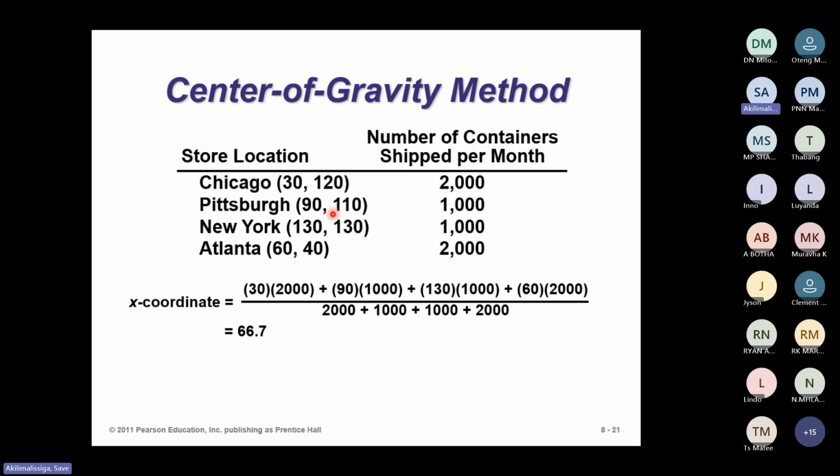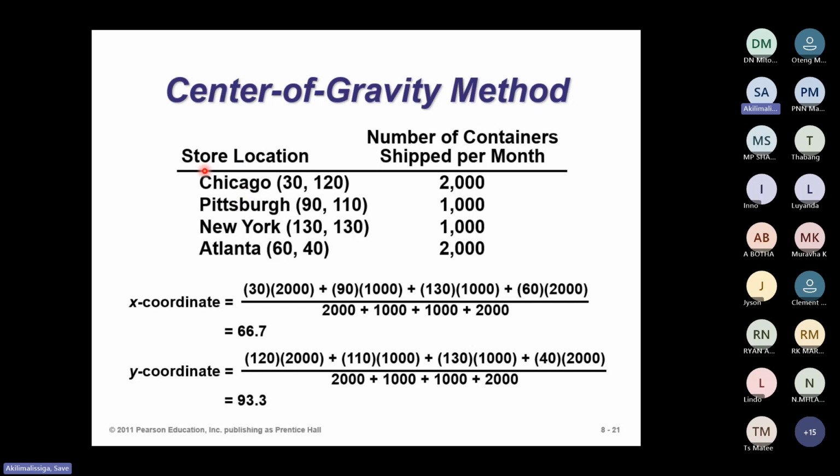The locations that we are evaluating are Chicago with its coordinate, Pittsburgh, New York, and Atlanta. And you have also the total number of containers shipped to each location.